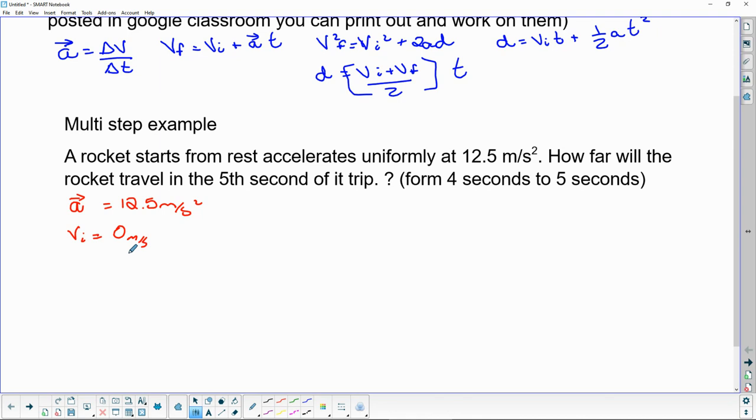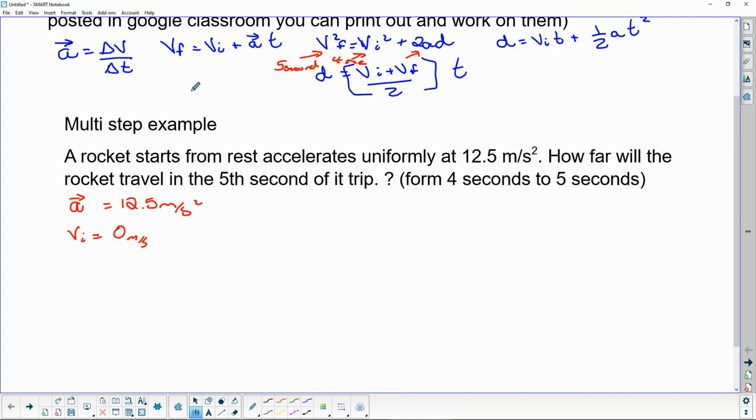What we want to do is find the velocity after 4 seconds, and then find the velocity after 5 seconds. And then we can use this equation here. Once we have these two velocities, this one after 5 seconds, this one after 4 seconds, and we know the acceleration, we can solve for d.